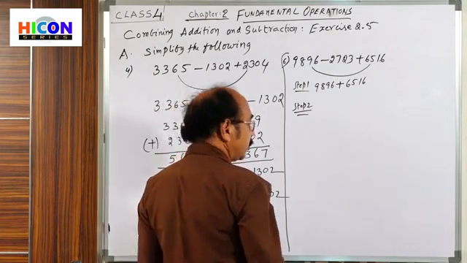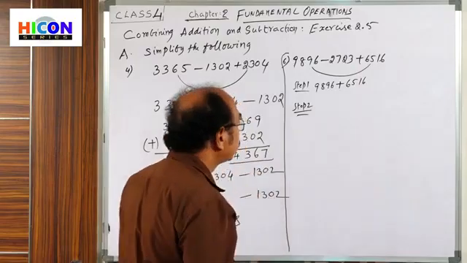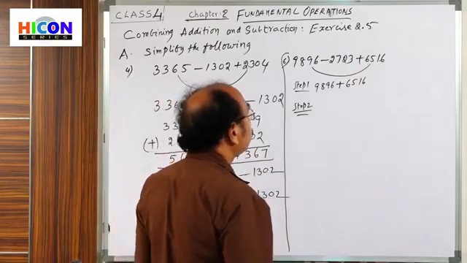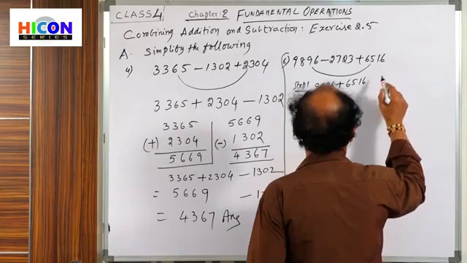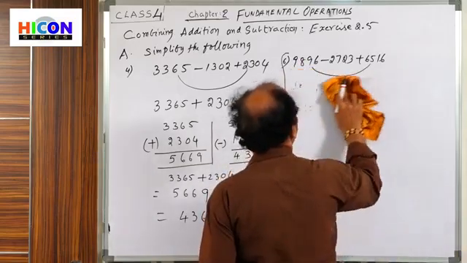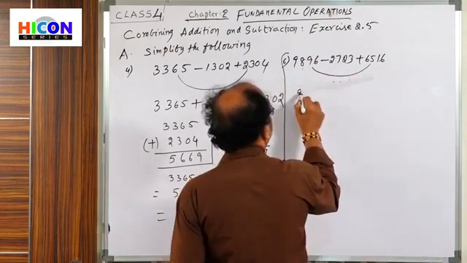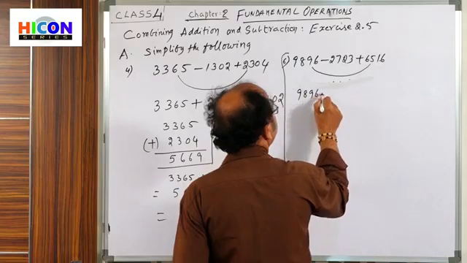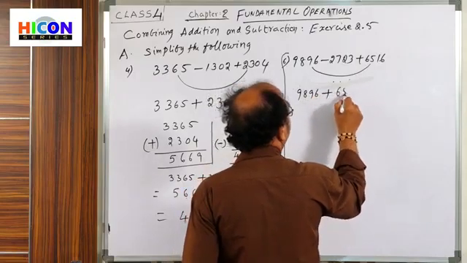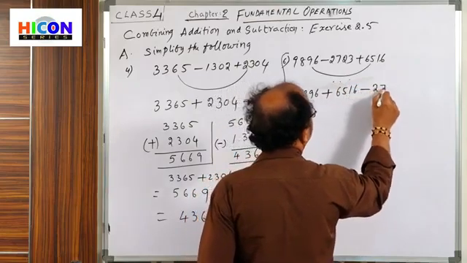If you want to write the order of this, you can write like this. 9896 is to be added to 6516. From the total you have to subtract 2723.